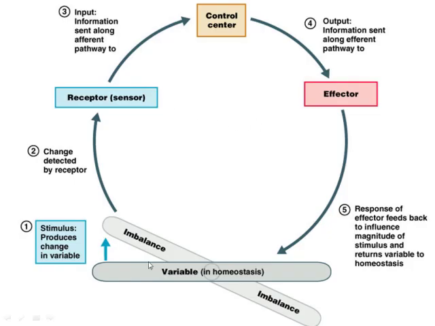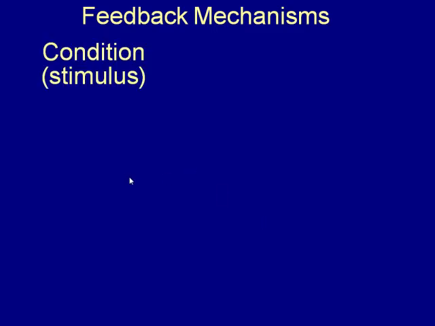So let's look at this. Some variable sends its information to a receptor. As it gets out of balance, the control center sends information to an effector to bring it back into balance. So the whole deal is to keep things balanced. So let's look at that one more time.